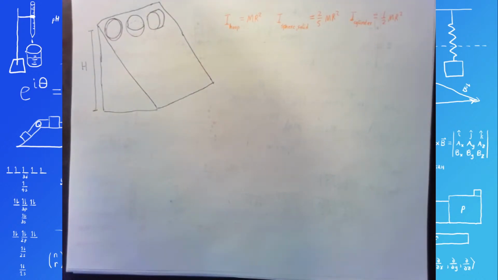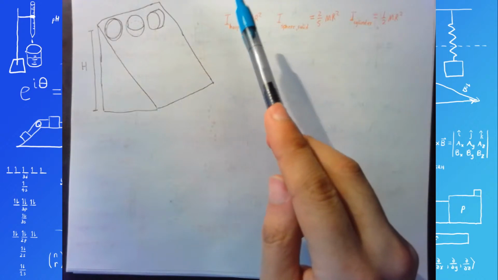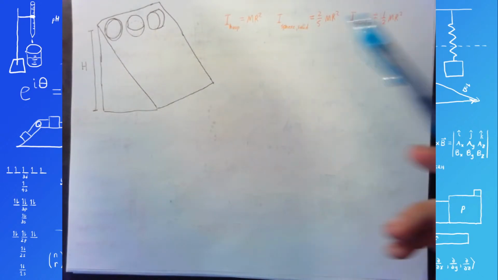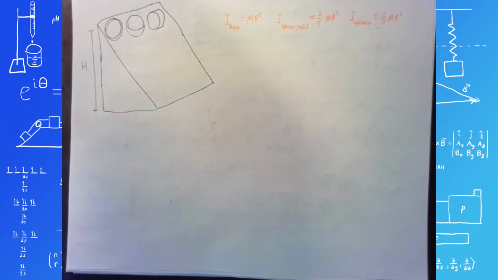You don't have to memorize these for the AP exam, but I would definitely recommend memorizing the hoop because it's simple enough, and the cylinder because it shows up in a lot of problems, and maybe also the rod through its end for reasons that I went over last time, because you can use it to calculate moment of inertia for rods through any other axes, as long as you know the one for the rod through its end.